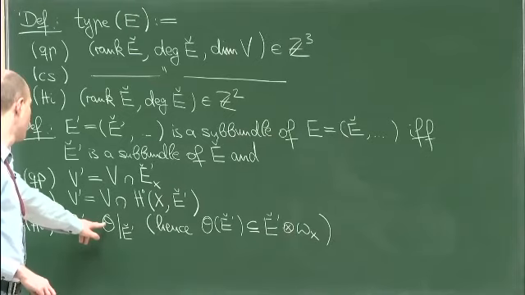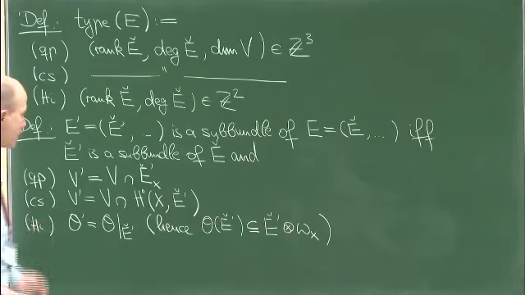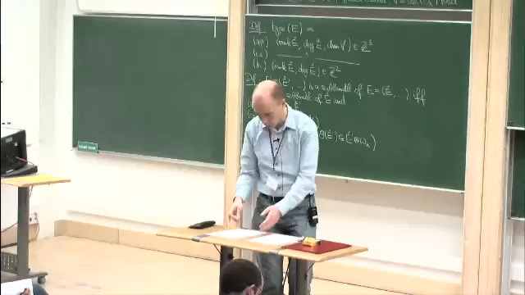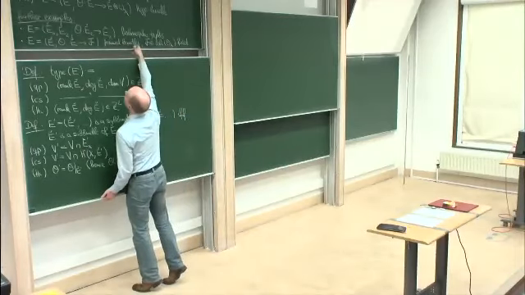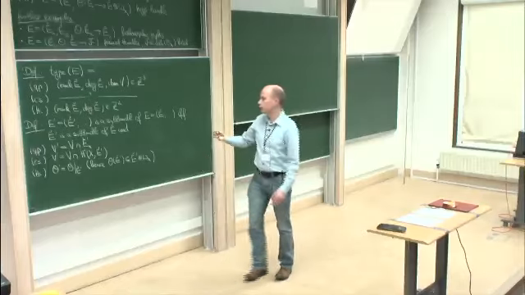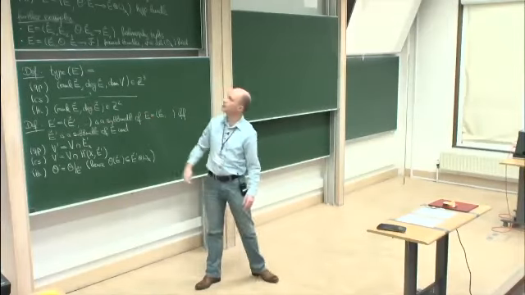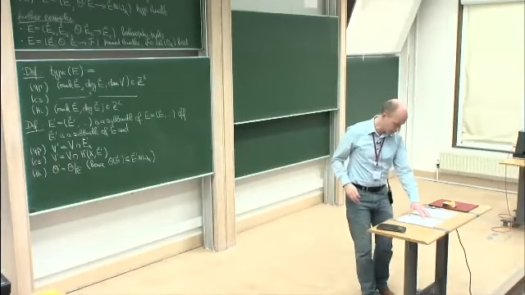So in this case, not all vector subbundles give augmented subbundles, only some of them. So that is to convince you that there's an appropriate notion of subbundle in each case of augmented bundles.